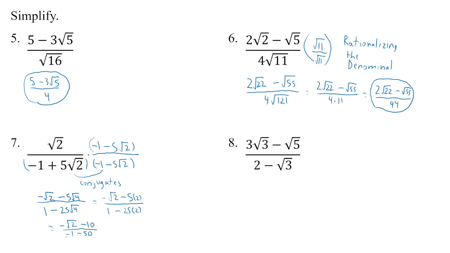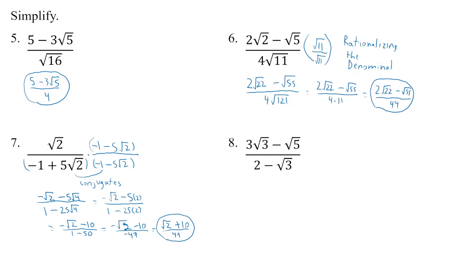Not negative 1, positive 1. So 1 minus 50 is negative 49. And if we have to simplify, we're changing all the signs. So therefore, this would be the square root of 2 plus 10 over 49. And that is your solution.